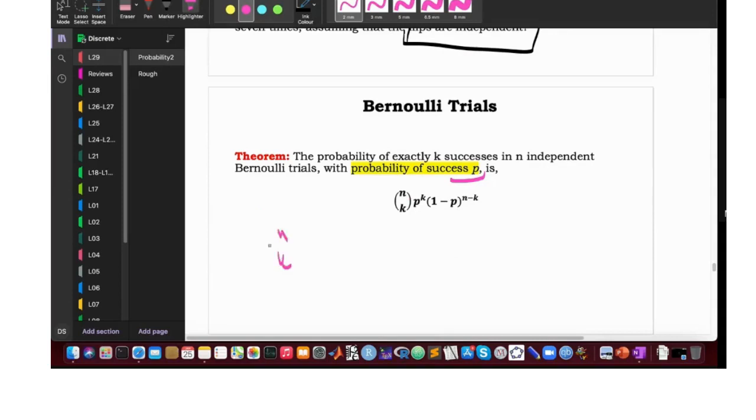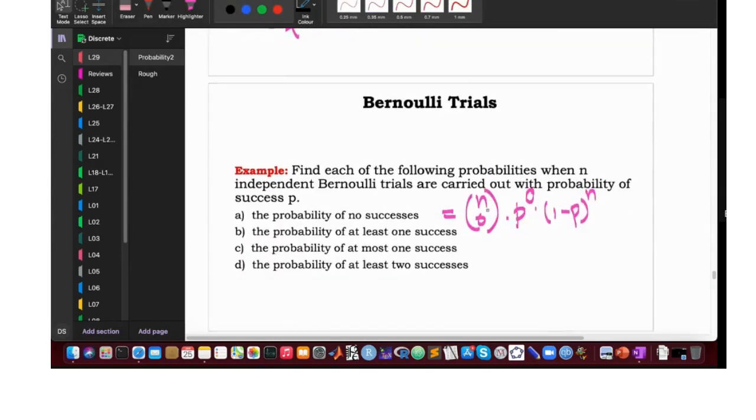So once again, let me have you memorize this: n choose k, where k is the number of successes. You have to choose the places where you will succeed. After that, you multiply the probability of success k times. After that, you multiply the failure probability n minus k times. So it's only going to be 1 minus p raised to the power n.